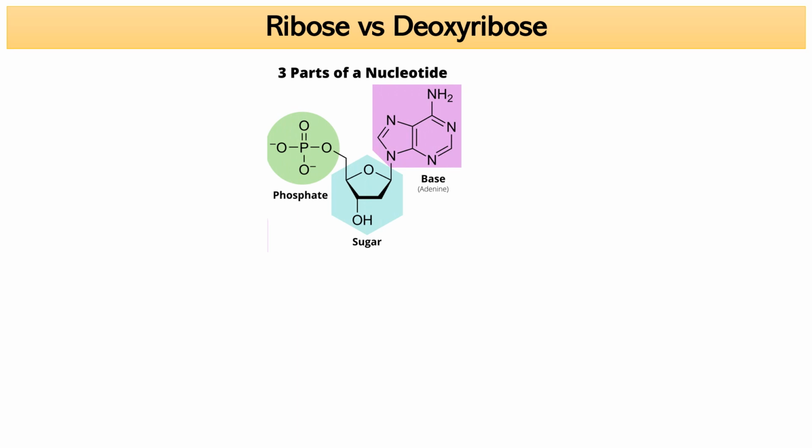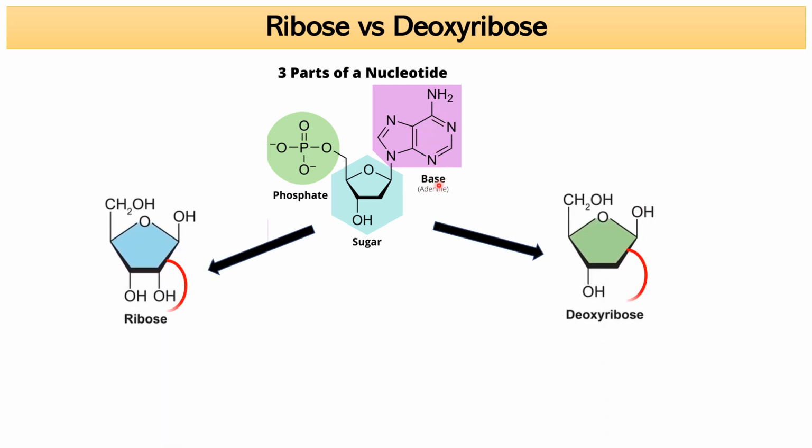Every nucleotide is made up of 3 different components: the phosphate component, the sugar, and the base, or the nitrogenous base, which is adenine, thymine, guanine, all these bases. What we see here is that the difference is in the sugar component of the nucleotide.